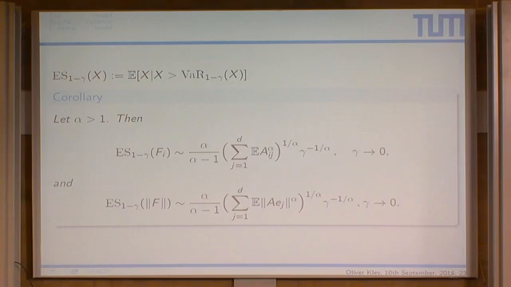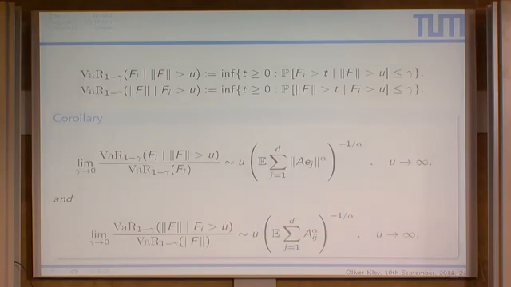This is not really new, that you can apply these regular variation techniques to these tail distributions, but you can also do that for conditional value at risk, in the sense I have defined it here. So you look at the probability that f_i is greater than t given some event which concerns the whole system, or you can look at it the other way around.